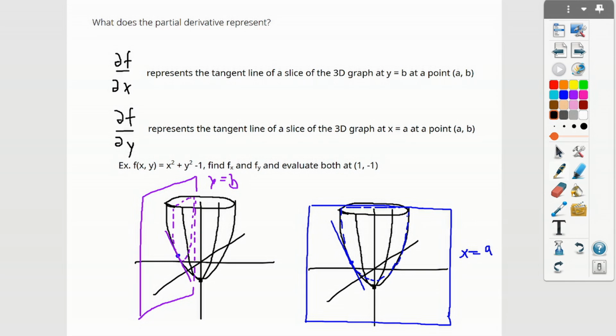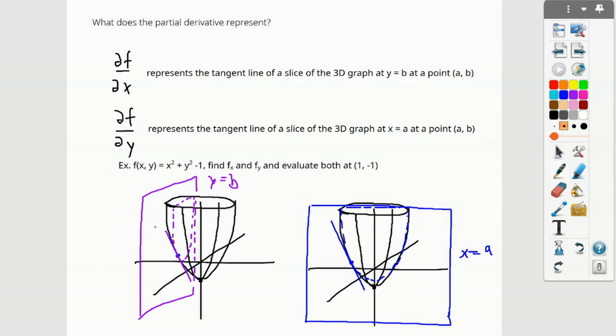And the reason is we want to move in the x direction. We want to keep y constant, and we want to move in the x direction, right? We want to move across this plane, and we can move in this direction. As we move in this positive direction, how is it going to change?